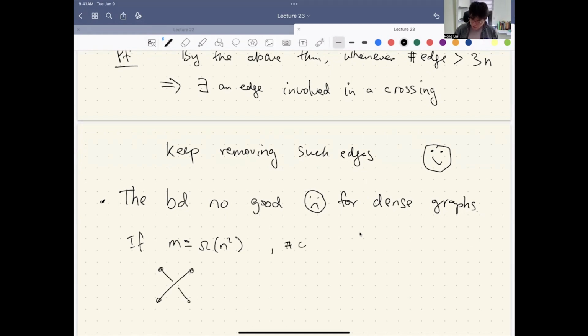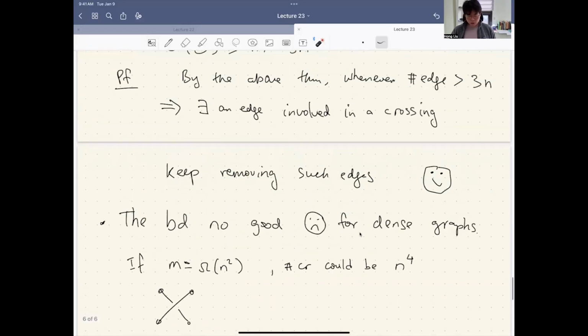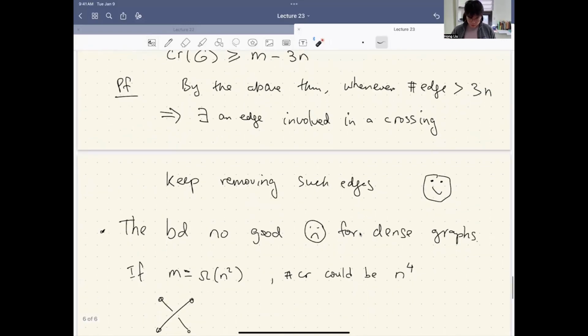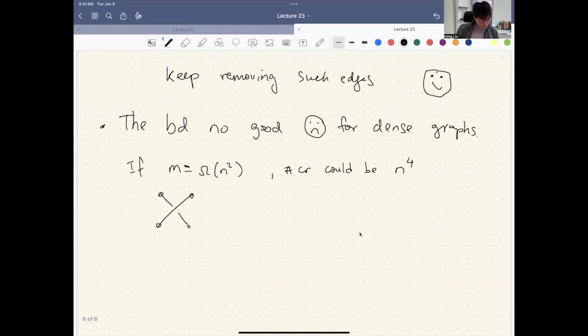The number of crossings could be n to the 4, right? You have 4 vertices. It could be that every 4 vertices create a crossing, I mean, in the worst case. But this naive bound only gives how many crossings? N squared, whereas we want n to the 4. This is the theorem we're going to prove.